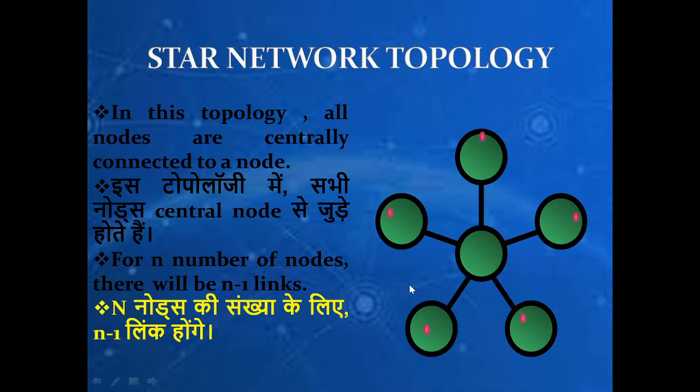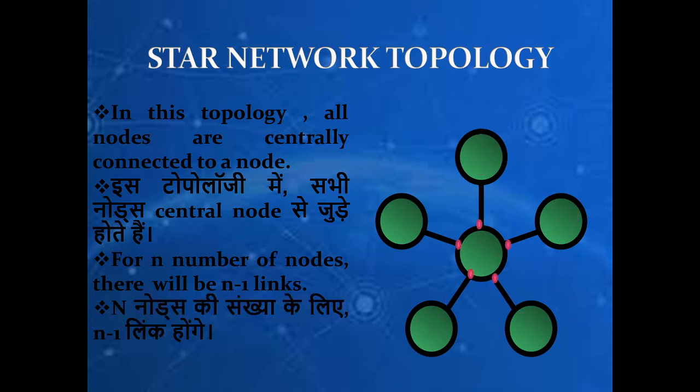Let us check how many links there are: 1, 2, 3, 4, 5. So if the number of nodes is n, the number of links will be n minus 1. This is all about star network topology.